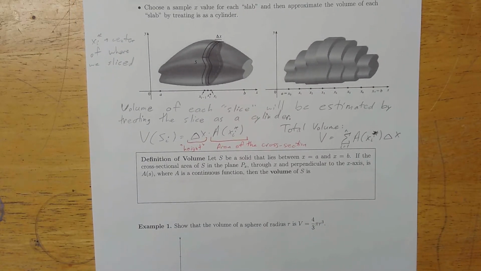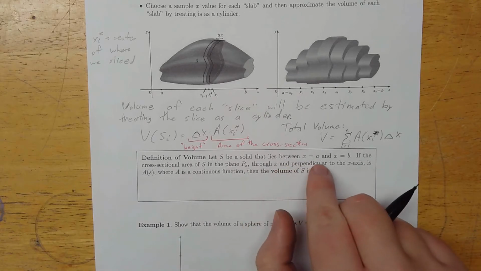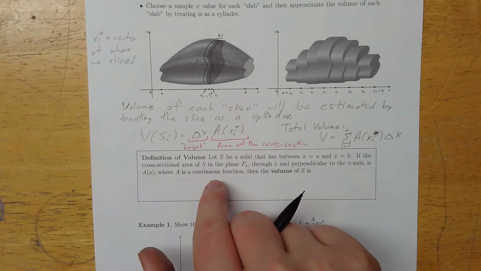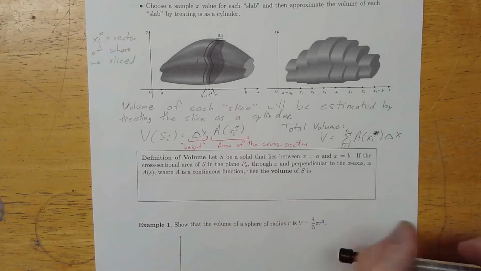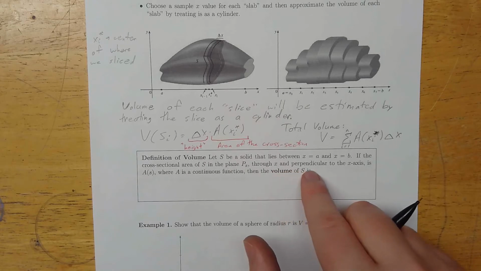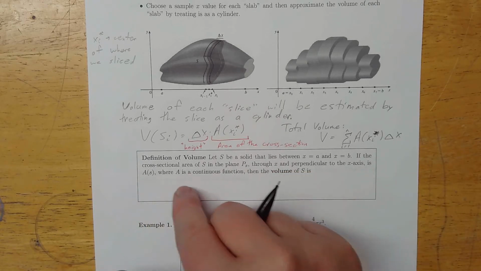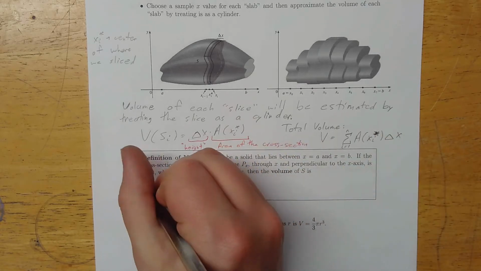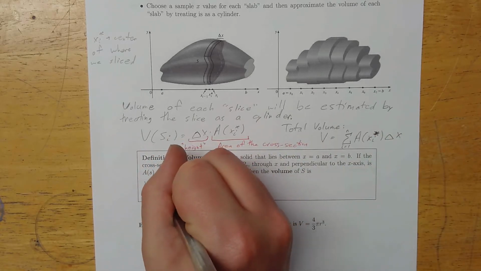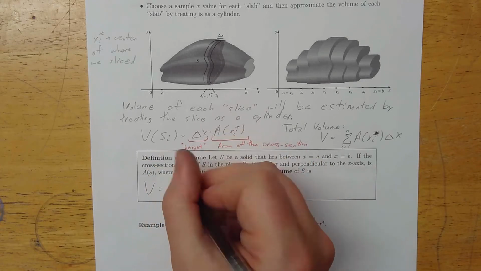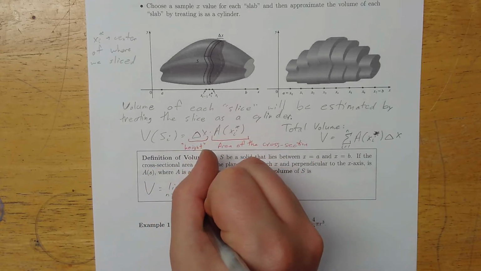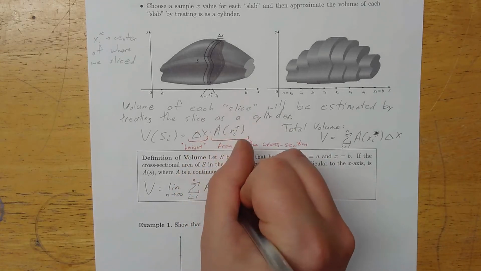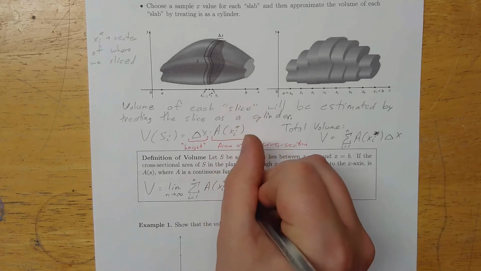Let S be a solid that lies between x equals a and x equals b. If the cross-sectional area of S in the plane P sub x, through x and perpendicular to the x-axis, is A of x, where A is a continuous function, then the volume of S is equal to the limit as n goes to infinity of the sum from i equals 1 to n of A of x sub i star times delta x.